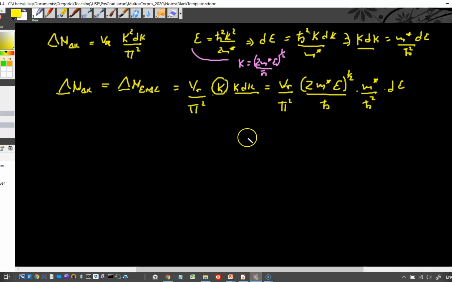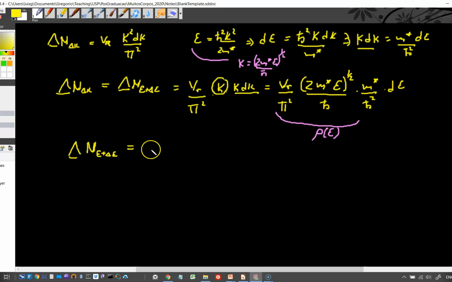Then whatever is in here should be the density of states. So what's in there? This is the number of states between epsilon and epsilon plus d epsilon. So how do we simplify this?